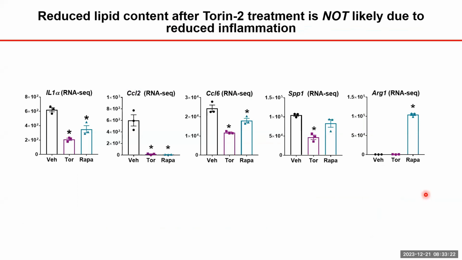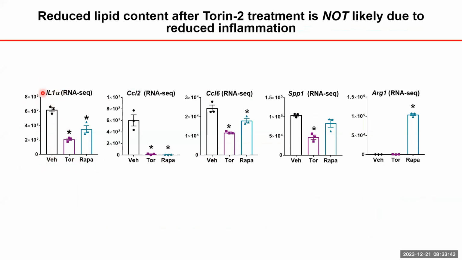used that data set. We mined our own RNA-seq data set to look at pro-inflammatory cytokines and how they're affected by taurine-2 and rapamycin. Treating with rapamycin, just like taurine-2, also decreases pro-inflammatory cytokine expression. So you can see that here's a vehicle level.